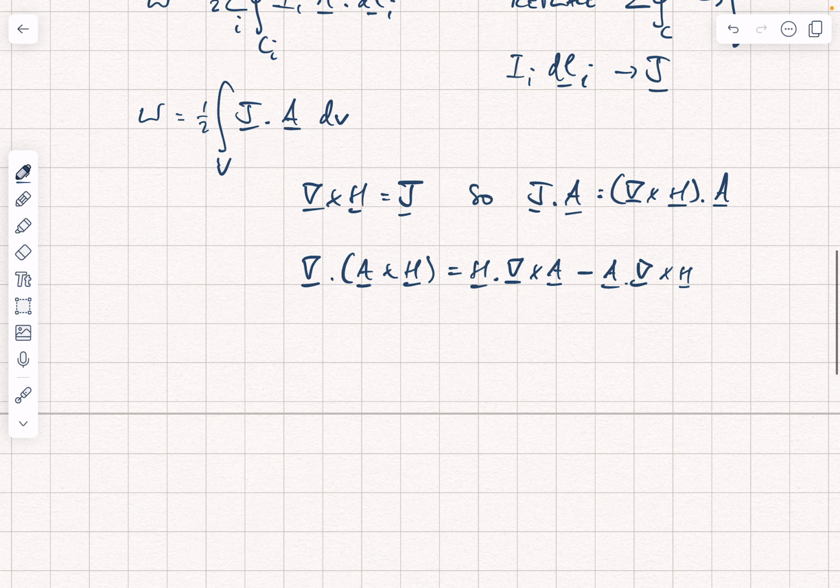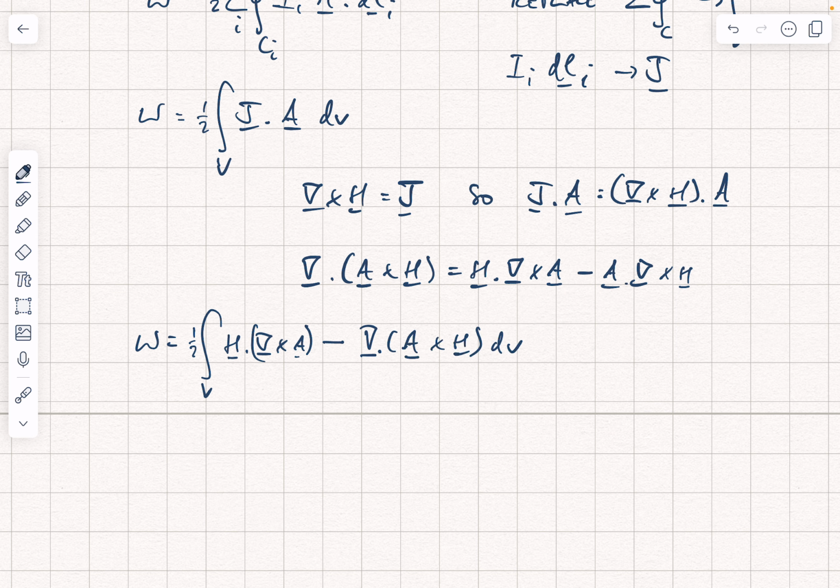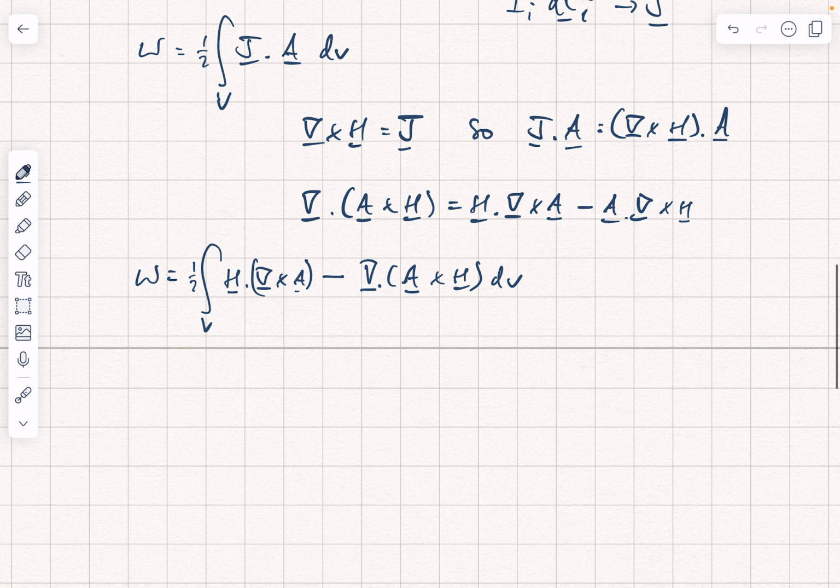And so now we can substitute both of those in and say that W is equal to a half times the volume integral of H dotted with the curl of A minus the divergence of A crossed with H dV, the volume.